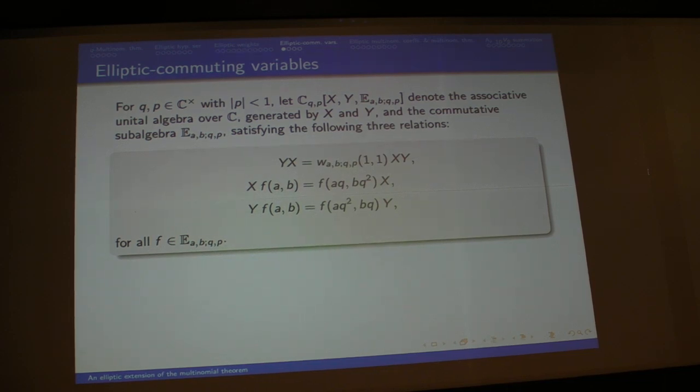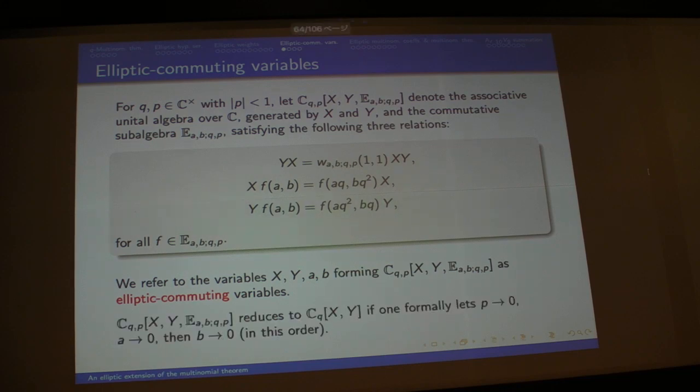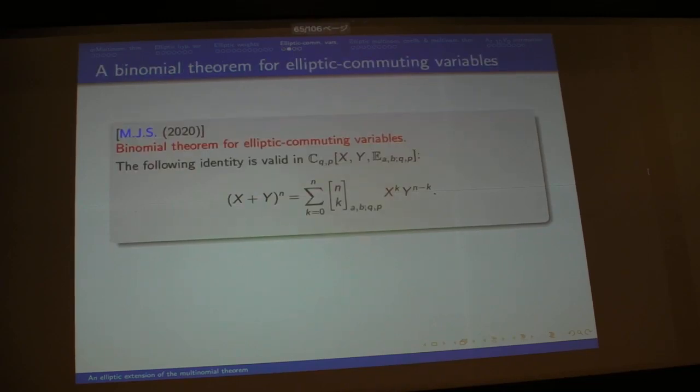Of course, one can just do that, but what really is nice is that the binomial theorem works in this setting nicely. And of course, this extends, if there is no a and b, these drop out, these become trivial, and you just have one left. So here's this binomial theorem. This was known to me a very long time before, but then it got published in 2020 only.